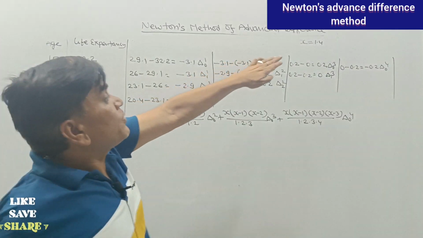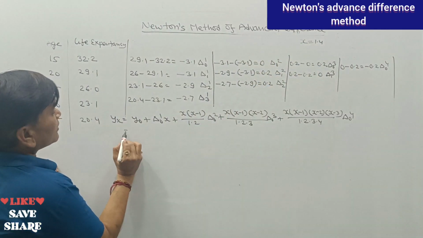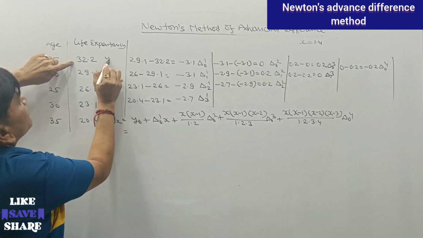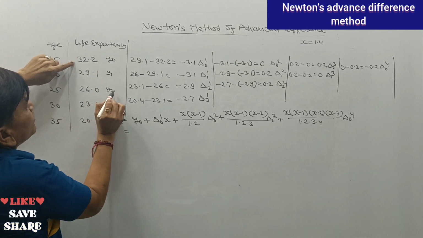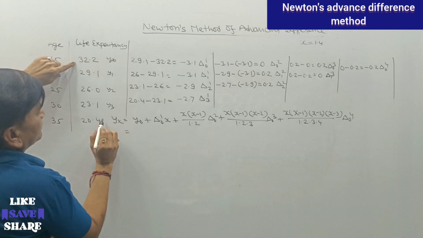Value of x is 1.4. So we will write the very first value y0, then y1, y2, y3 and y4.